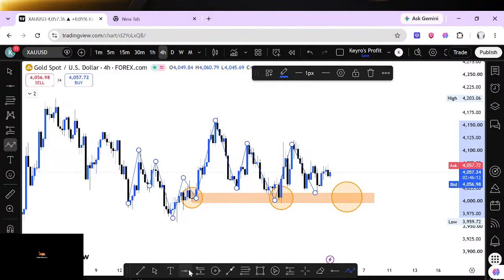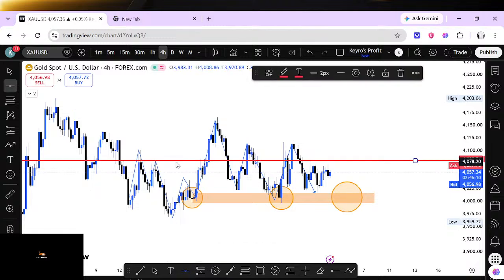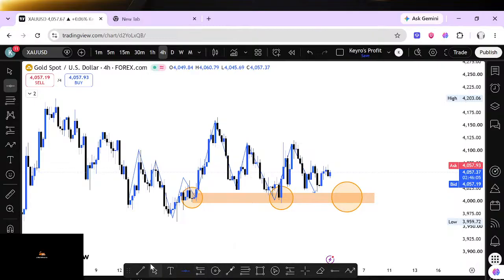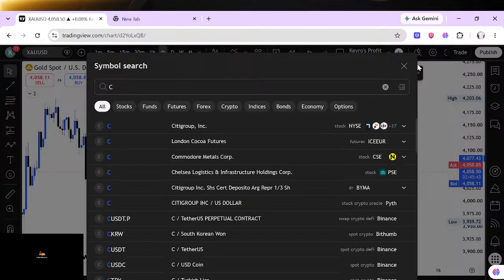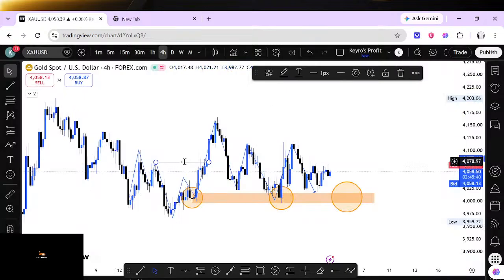Now this zone here, I think let me use this. Right, so this is where the change of character happened. We call it CHoCH, this change of character.